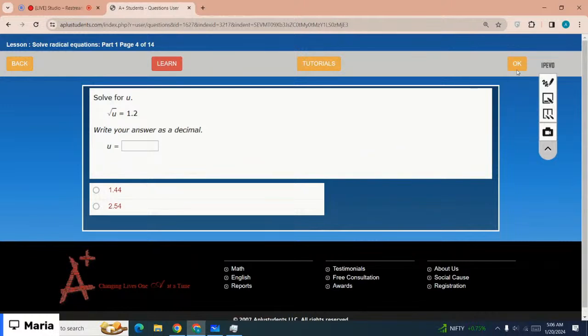The correct option is 1.44, right? Option number 1 is the correct option.